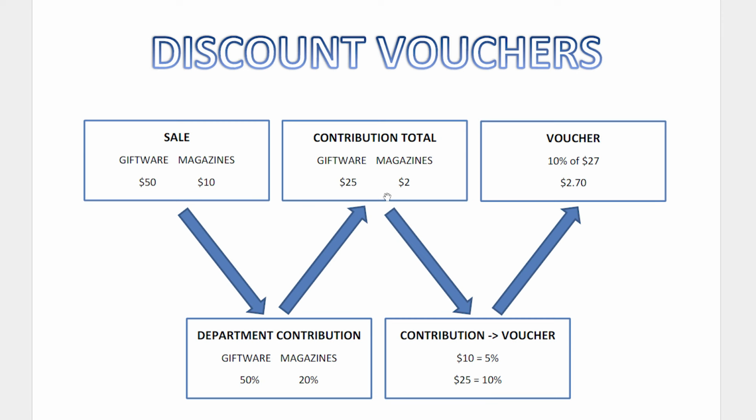Based on this, in my contribution total we had $27 in total, so we're eligible for this second level of vouchers, which is $25 for 10%. So we then go 10% of $27, which will produce a discount voucher of $2.70.